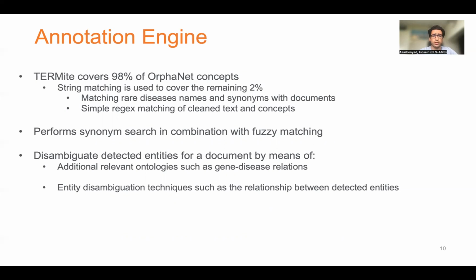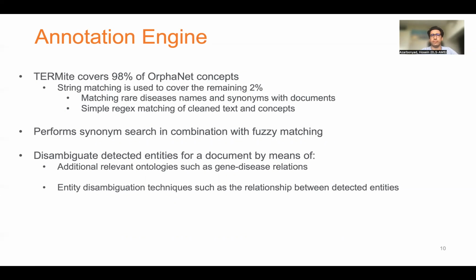TERMite works in a more advanced way. In addition to the exact matching, it also does fuzzy matching between the synonyms and the names of diseases, and it also tries to disambiguate detected diseases for a document.